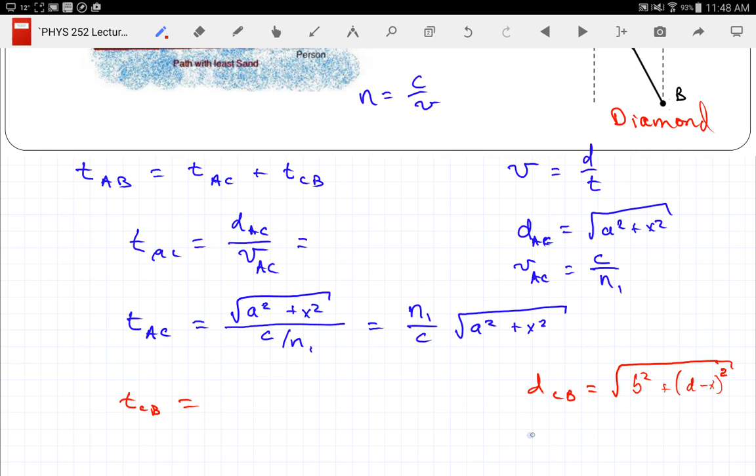So there's the d. The speed, just like before, is going to be the speed of light divided by n2. So that gives me the time.